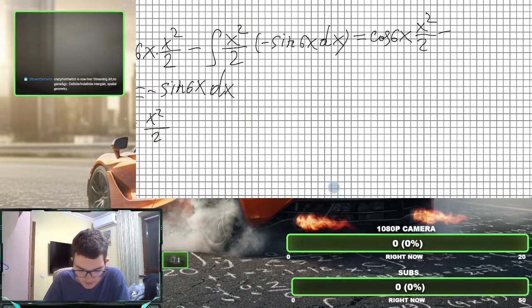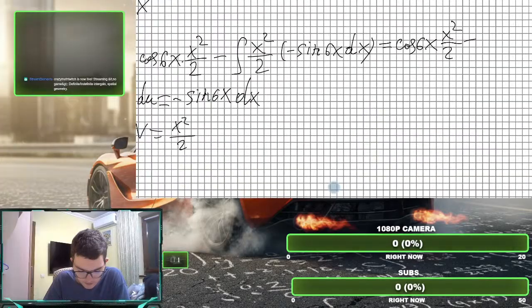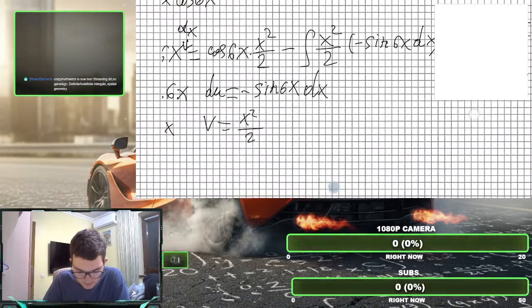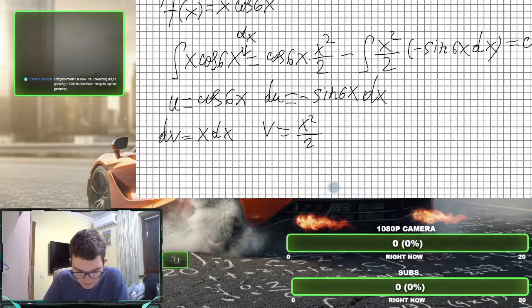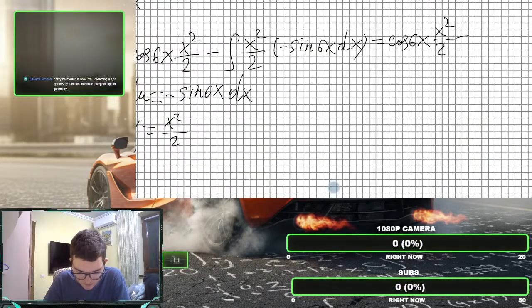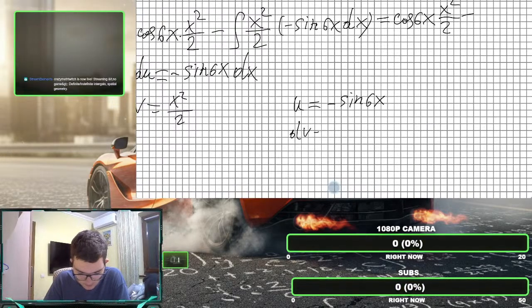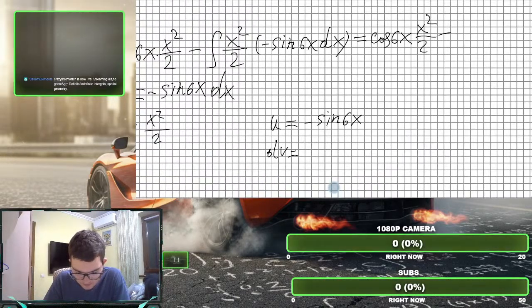So now, for the second integral I integrate by parts once again. So once again, we take u as the larger expression. So u will be minus sine 6x, and dv, when you see a d, you just put dx there.